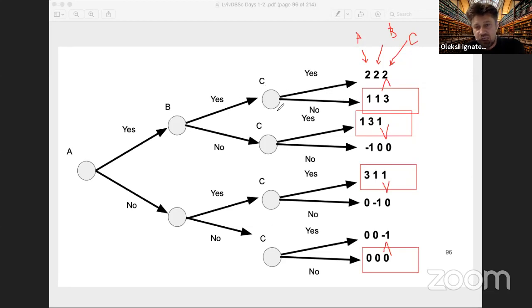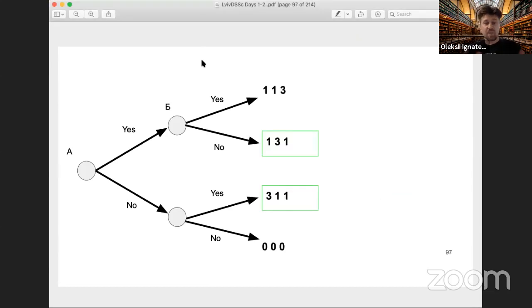After this, we can remove C from the game, just putting these payoffs here. Since we know that C is rational and will choose what is best for him, we can remove C from the model.